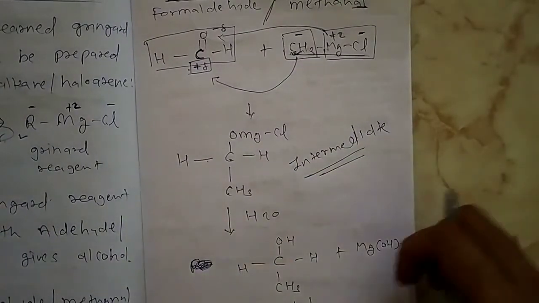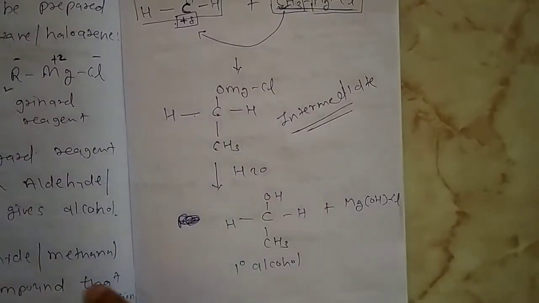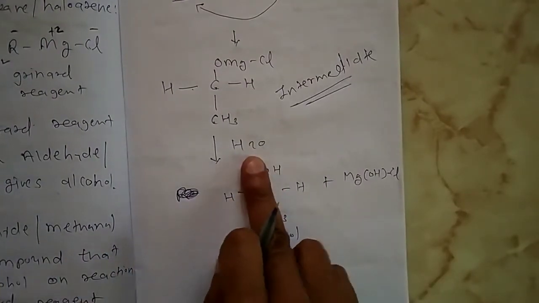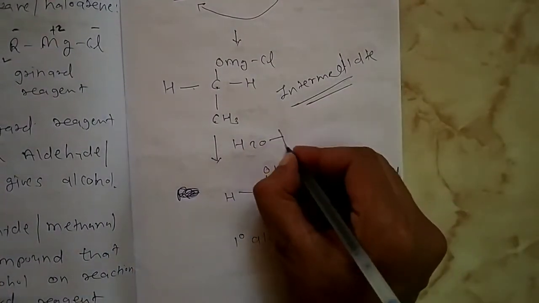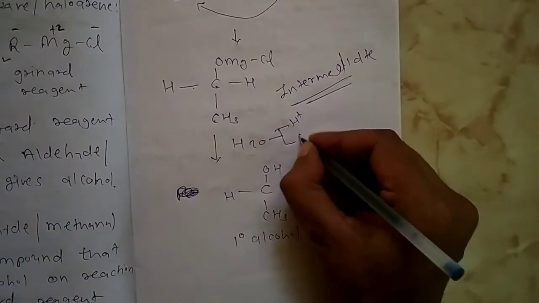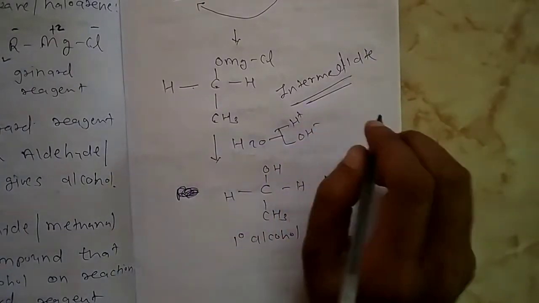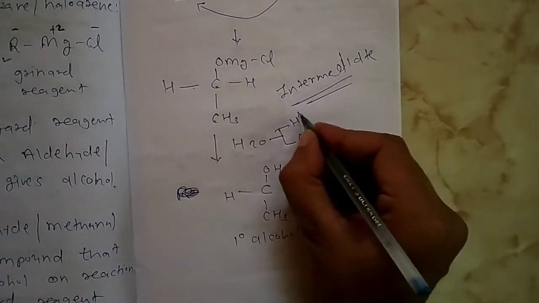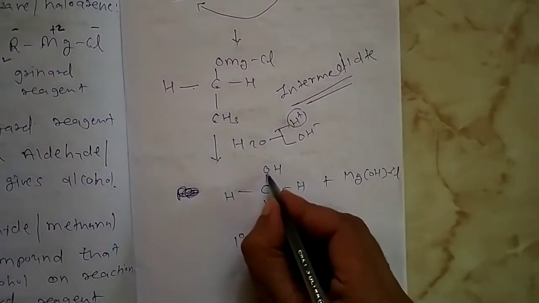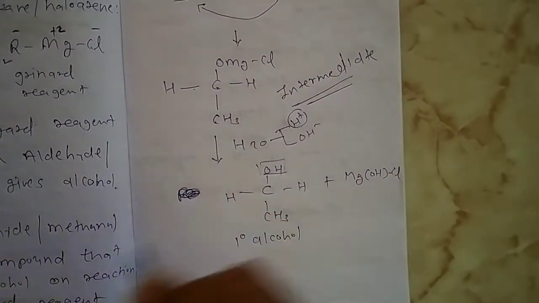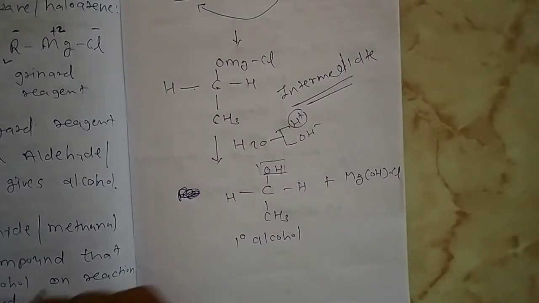Now in the next step you have to react it with water. Water will break into two parts, H plus and OH minus. Now add H plus on oxygen. Oxygen gets hydrogen.